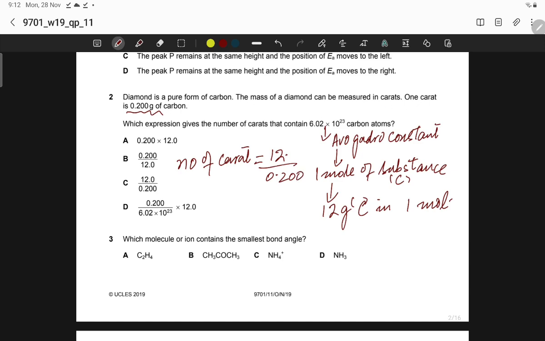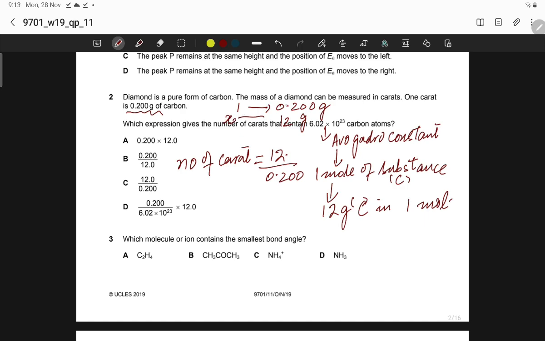Because 1 carat contains 0.200 gram, and 12 gram corresponds to x.